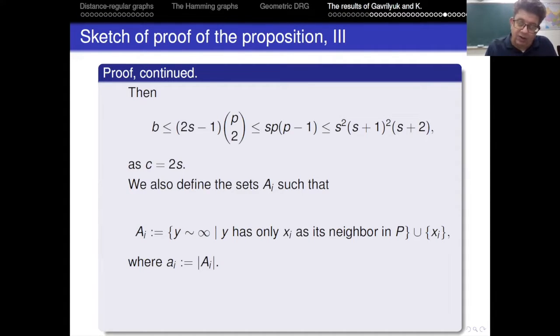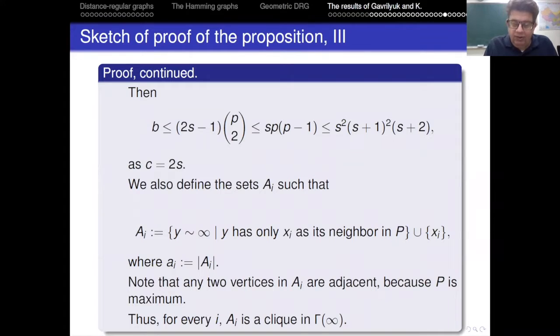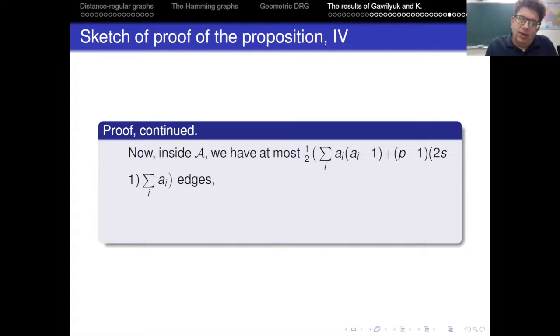We only look at a graph co-spectral with the S-clique extension of the t plus 1 times t plus 1 grid. Note that any two vertices in Ai are adjacent because P is maximal. Thus, for every i, Ai is a clique in gamma infinity. Now, inside A, we must have at most this number of edges.